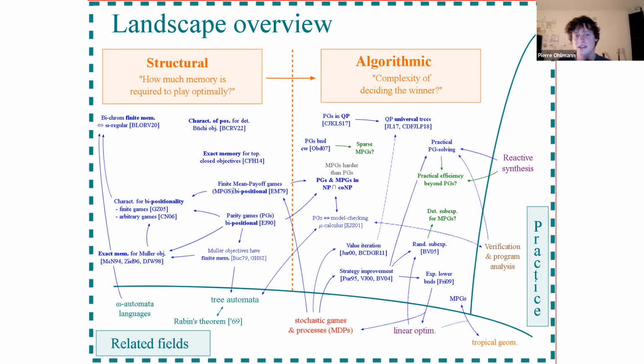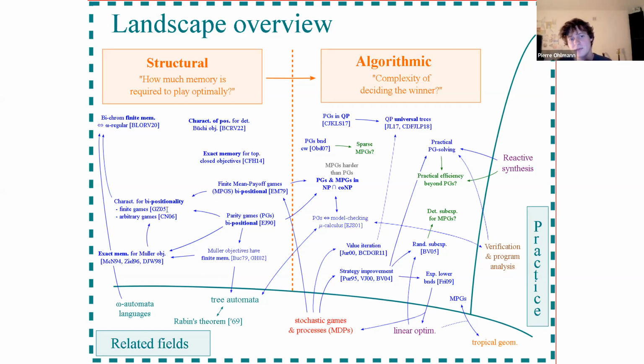Another thing that these two results sprouted is that people wanted to understand bipositionality better. So positionality for both players. Bipositionality is the thing that corresponds to NP intersect co-NP, right? And there was a lot of work in the 2000s, and this was very successful. So bipositionality, objectives such that I am positional and also the complement is positional, is quite well understood.